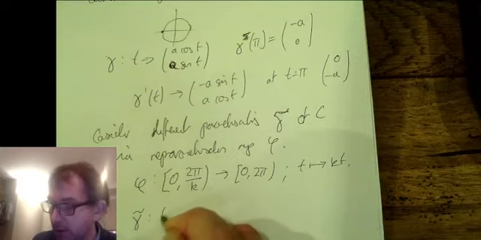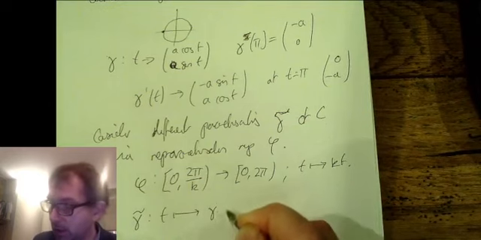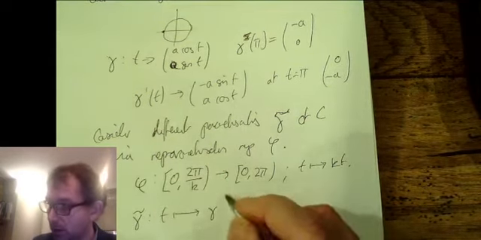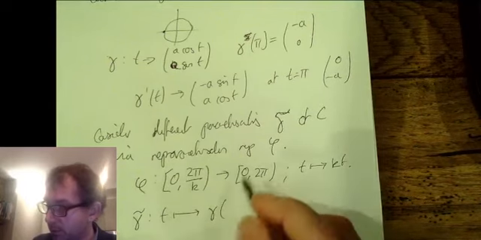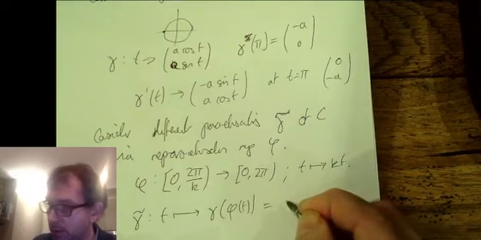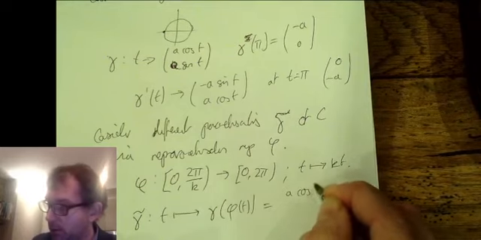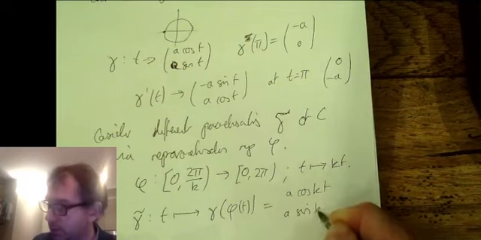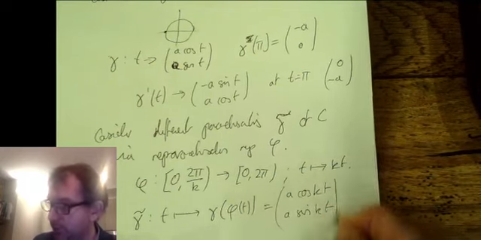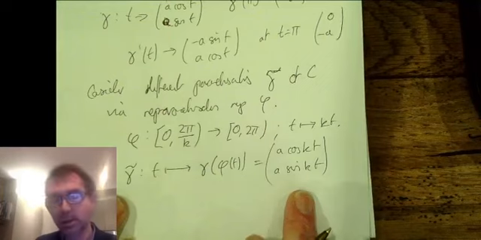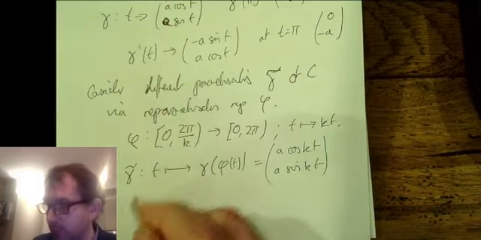Gamma tilde is going to take t to our original gamma, which is this one here, of phi of t, which is therefore going to be (a cos kt, a sin kt). Okay, so we can now differentiate this and get some new velocity vectors.